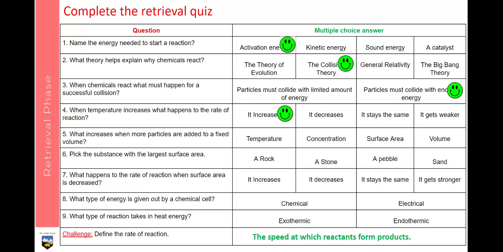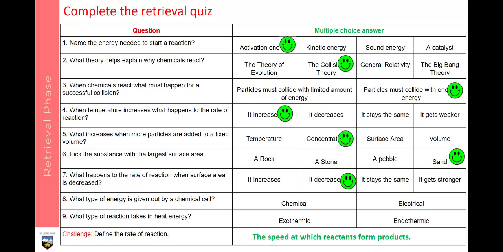When you add more particles to a fixed volume, you are increasing the concentration. The substance with the largest surface area is sand. If you decrease the surface area, you decrease the rate of reaction.